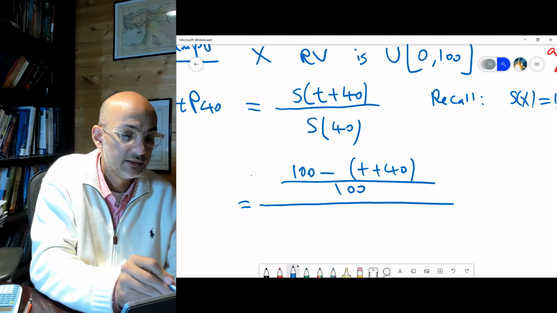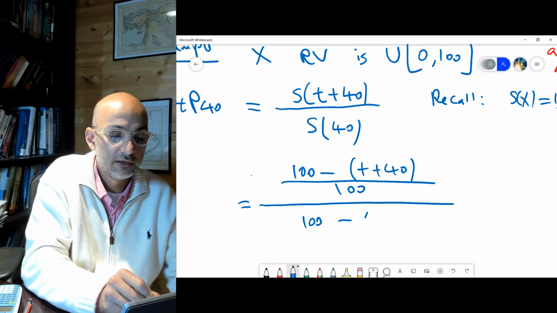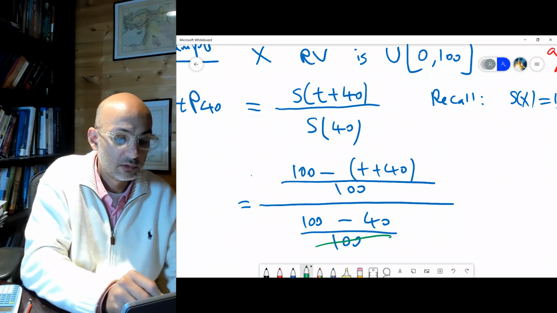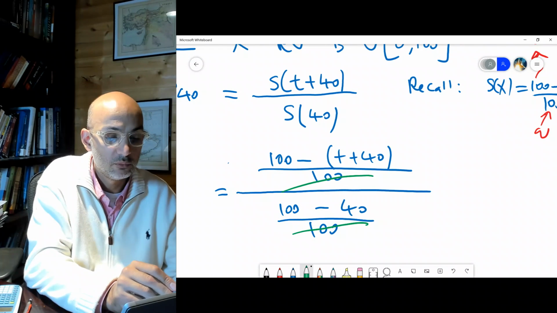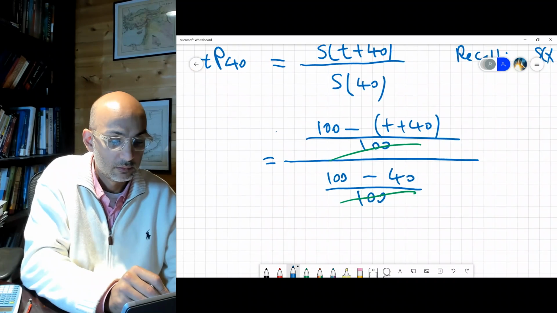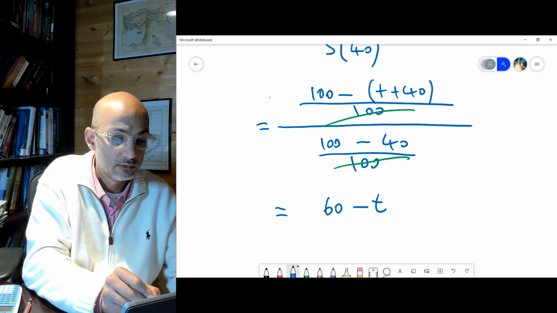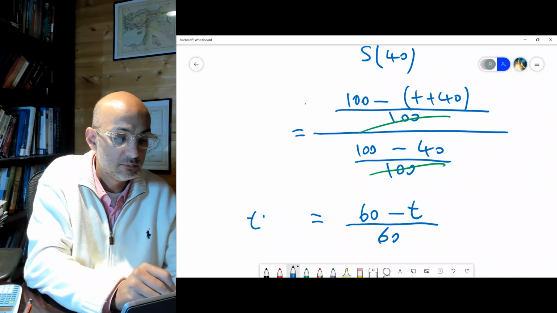Now we need to find S of 40. S of 40 is very easy, it's 100 minus 40 divided by 100. We do some cancellation here, and we take the 100, we take from it 40, so this will give us now 60 minus t, divided by 60, and this is tp40.